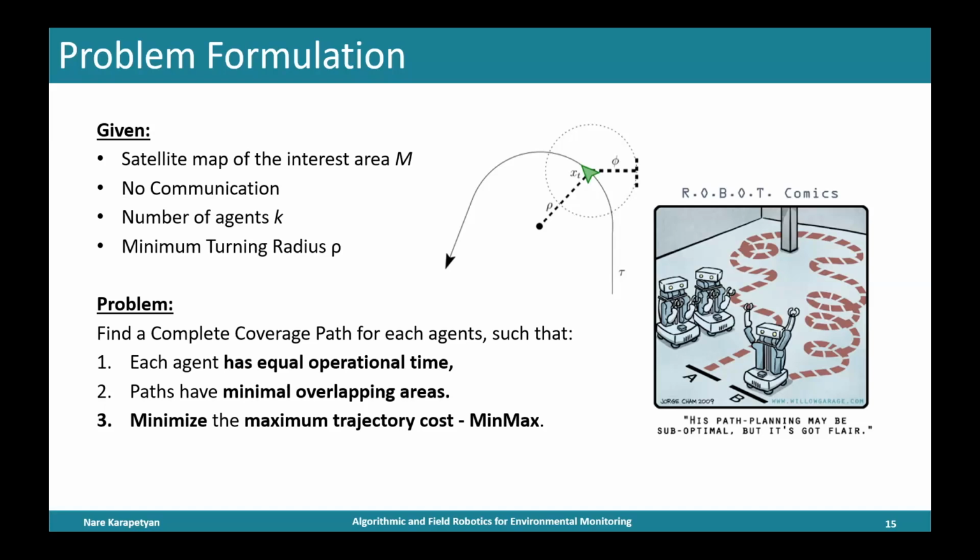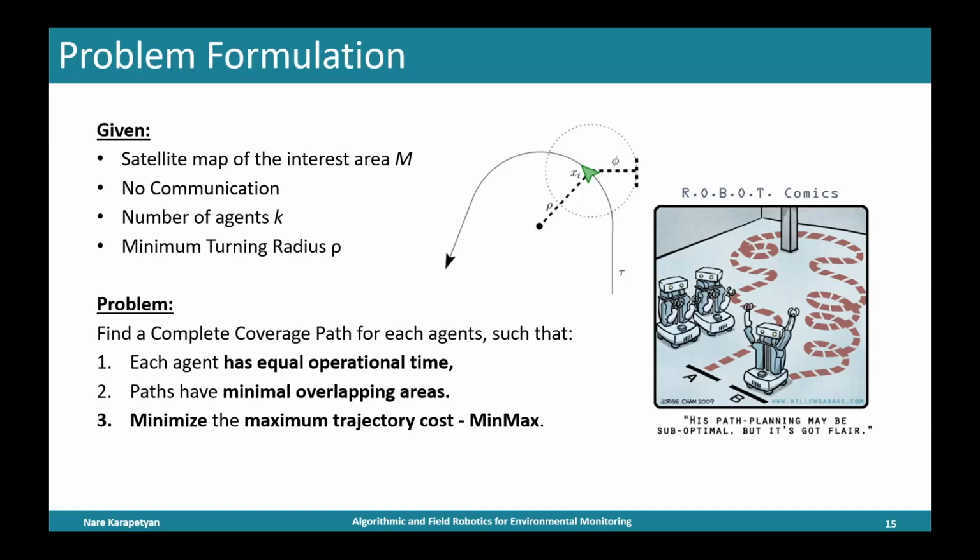So given that, we want to solve the following problem. Given a satellite map representation of the environment, assuming there is no communication between boats, a given number of agents and the minimum turning radius, how can we find a complete coverage path that has equal operational time for each of these robots, minimizes the overlapping area, and at the same time minimizes the maximum trajectory cost per robot?